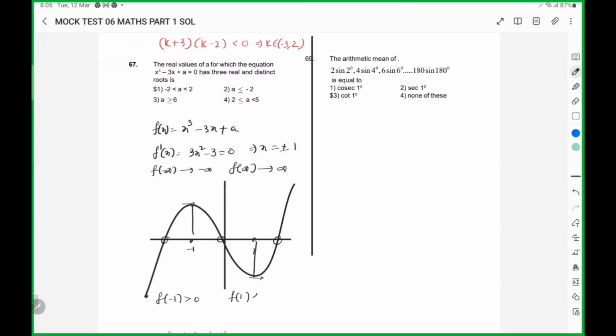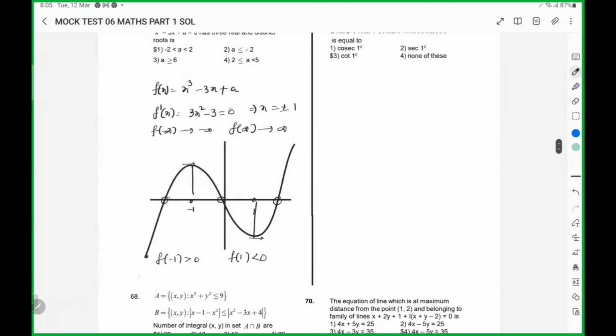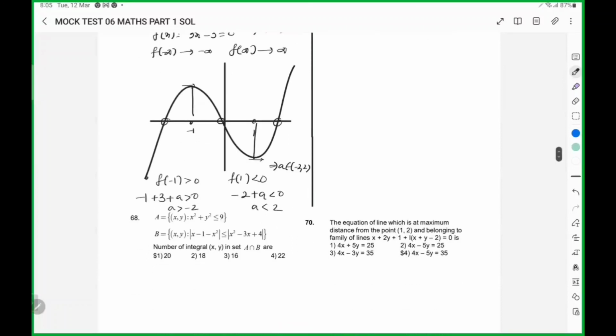F of 1 is less than 0. F of -1 greater than f of 1 will be, a lies between -2 and 2.